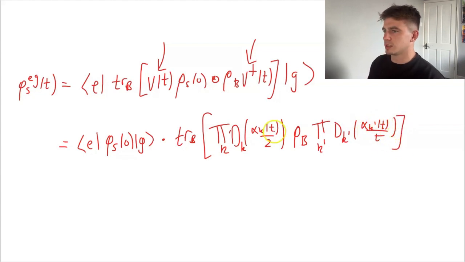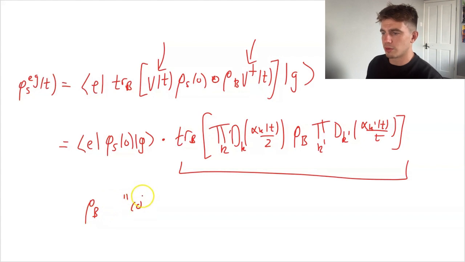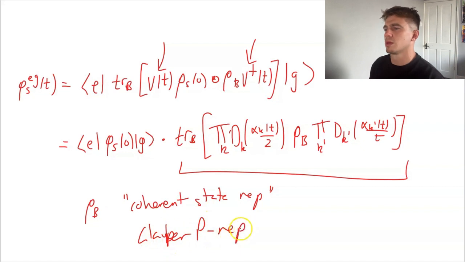And it looks difficult to find, but what we do is we just write the state in the coherent state representation, which I think gets called the Glauber P representation. And the reason that we do that is because the coherent states are eigenstates of the displacement operator, so it just makes it much nicer to use.